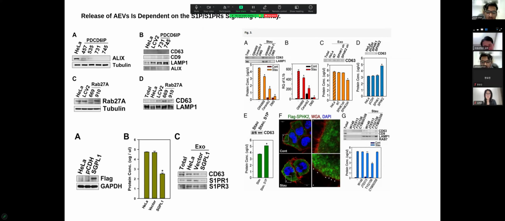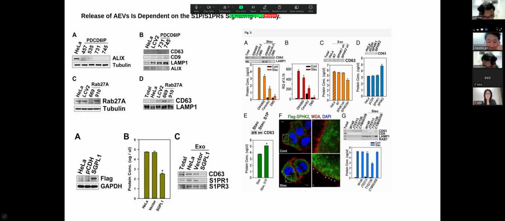Actually, what is the function of ALIX and Rab27A in the intracellular biogenesis of exosome? Rab27A helps in the fusion of the endosomes with the cell membrane, where they are further released from the cell.